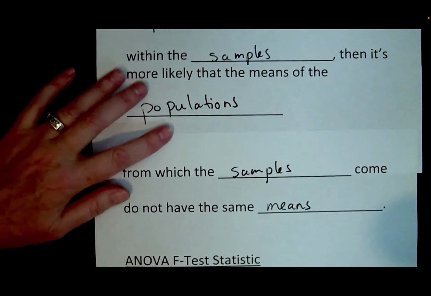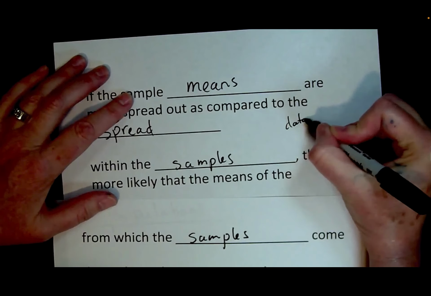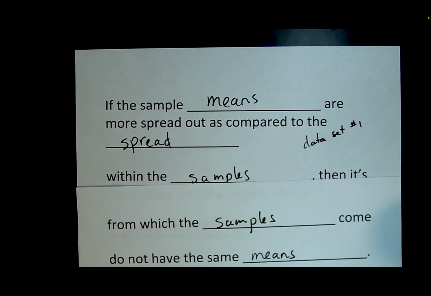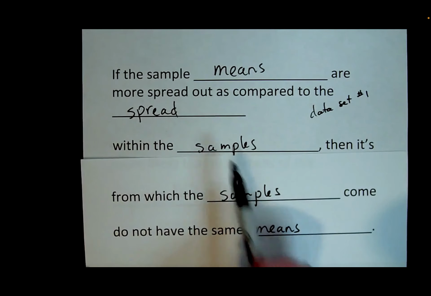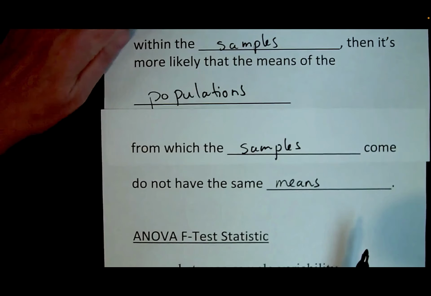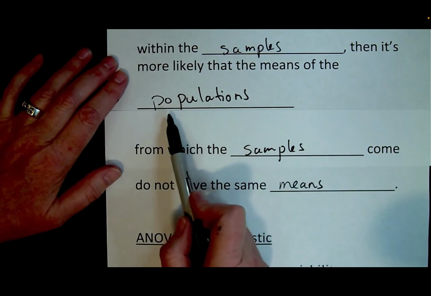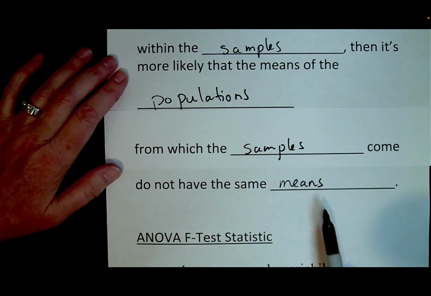Okay, so what we're talking about here is data set 1. So the picture above is the one where the means are more spread out as compared to the spread within the samples, and that's the picture where we can say with a certain amount of confidence that it's more likely that the means of the populations from which the samples came were not the same.